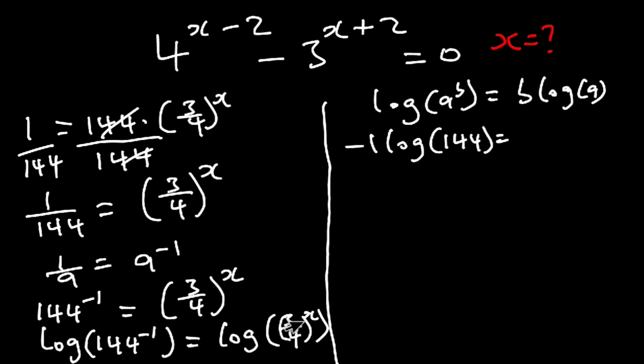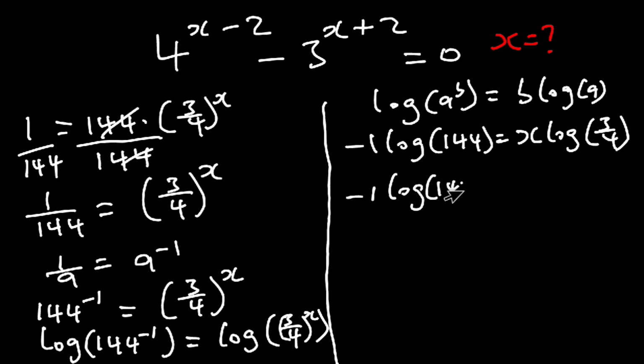We bring out this x and make it the coefficient of this logarithm. So we have x multiplied by log 3 over 4.